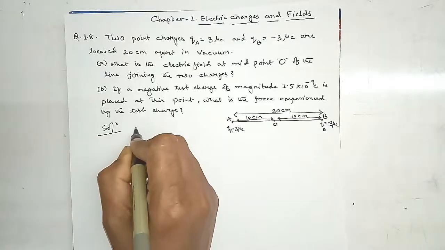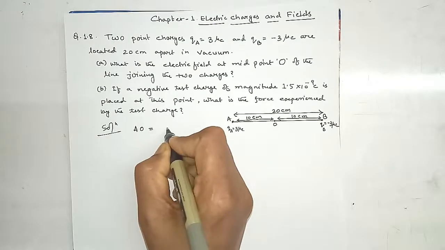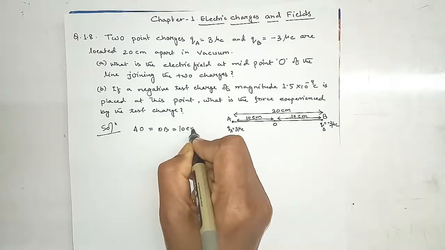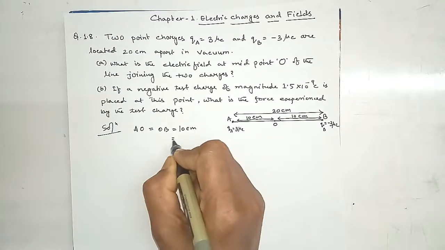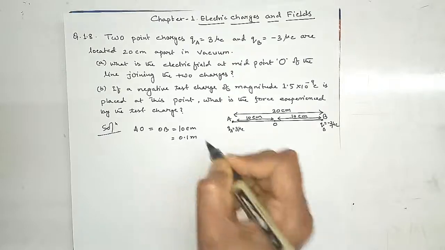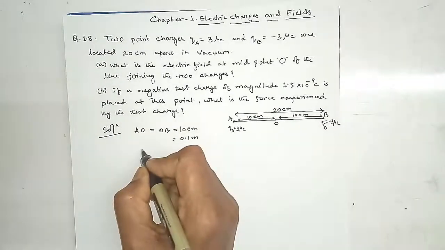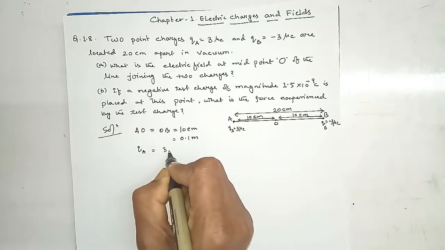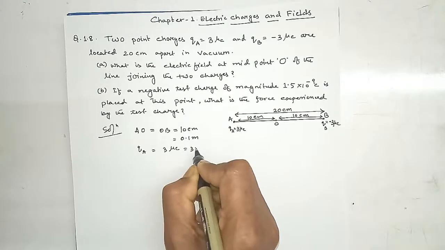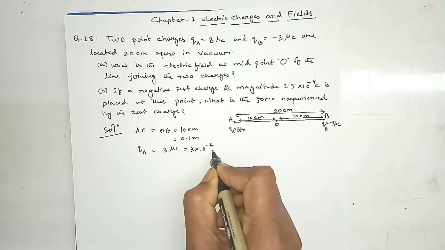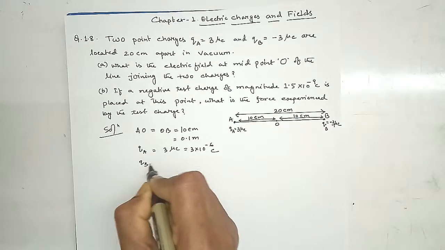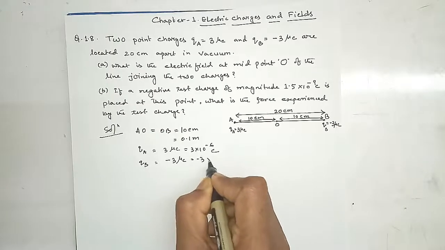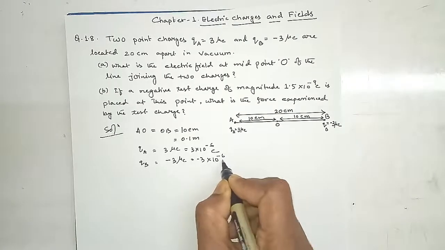So here AO equal to OB equal to 10 centimeter, which is 0.1 meter. Okay, now QA equal to 3 microcoulomb, which is 3 into 10 to the power minus 6 coulomb. QB equal to minus 3 microcoulomb, which is minus 3 into 10 to the power minus 6 coulomb.